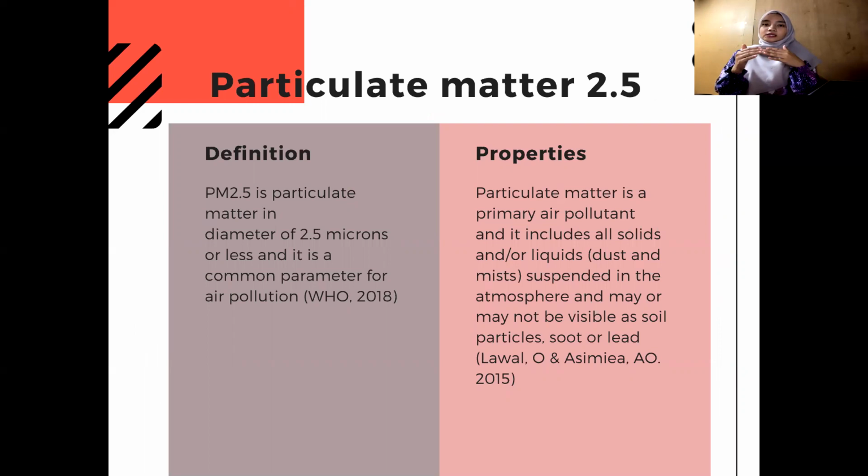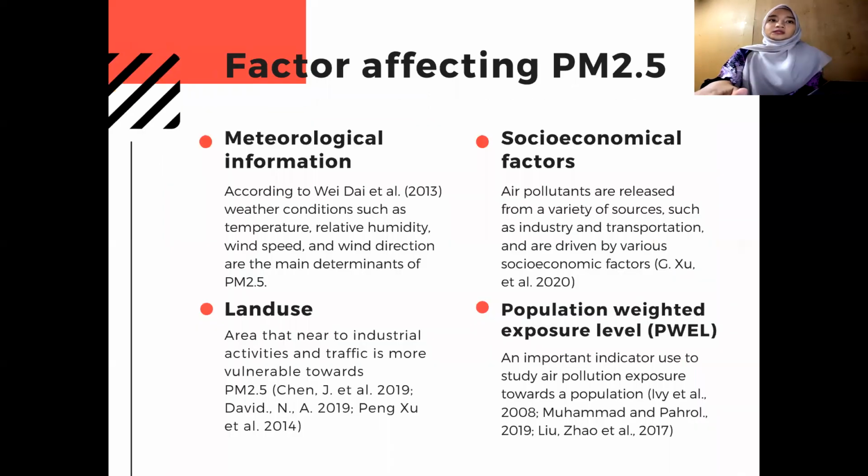Particulate matter is a primary air pollutant which can exist as dust or mist suspended in the atmosphere, and it may be visible or not visible. Based on the literature review, I also found that the factors affecting particulate matter 2.5 are meteorological information, socio-economic factors, land use, and population-related exposure level.